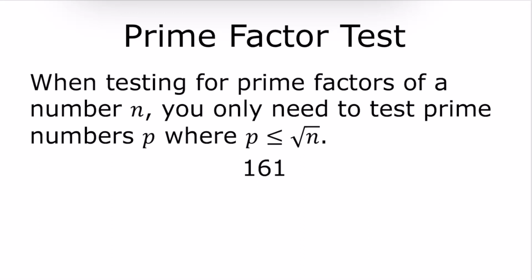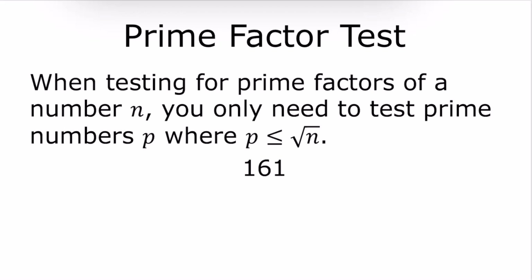And then the last thing I want to talk about is the prime factor test. So the prime factor test says that when you're testing for the prime factors of a number n, you only need to test the prime numbers where the prime numbers are less than or equal to the square root of n.